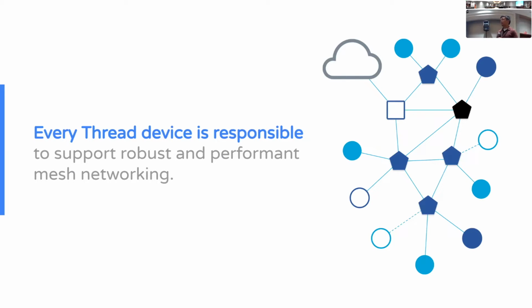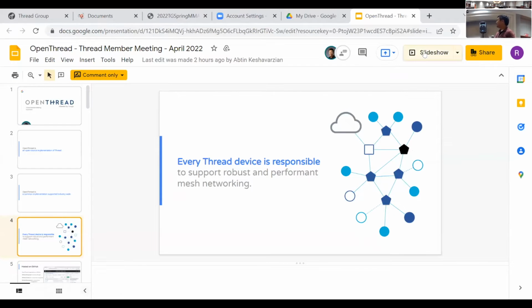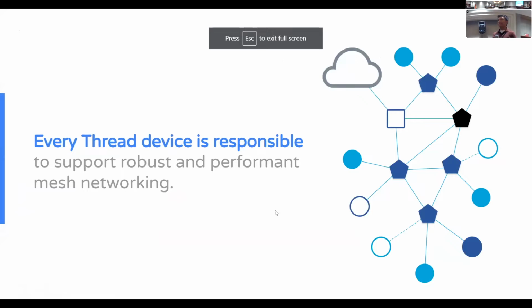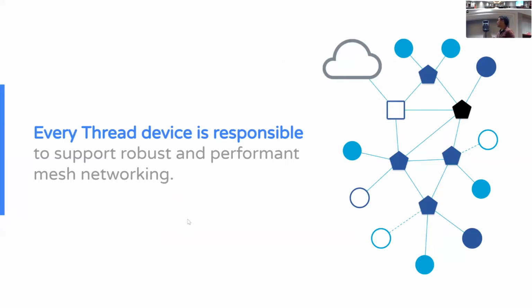So the robustness of that network largely depends on the peers that it's communicating through. The Thread group in general, we're all in it together, right? If the neighboring device that we're communicating through isn't working well, then that reflects poorly on our device as well. And so we really want to be working together, building a robust and performant mesh network.